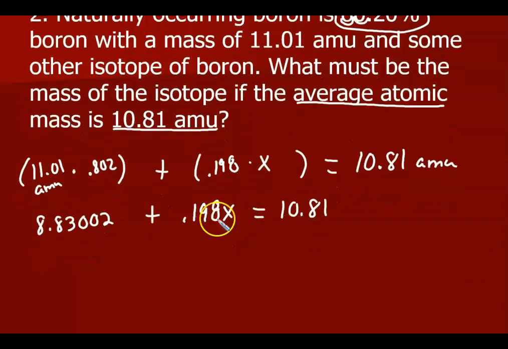So since x is here, I need to get x by itself. So I need this thing to go over there. And because this is being added, I would be subtracting it to the other side. You do the opposite to the other side. So that's going to make it go away over here.